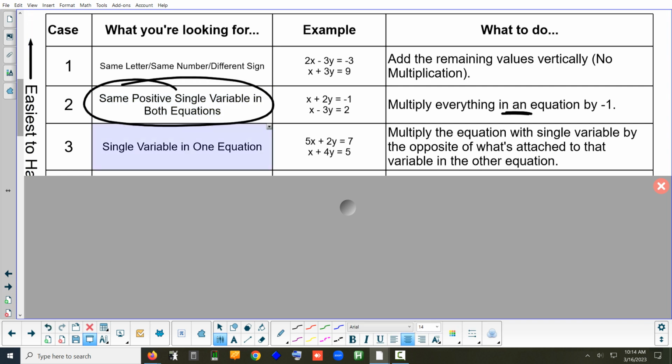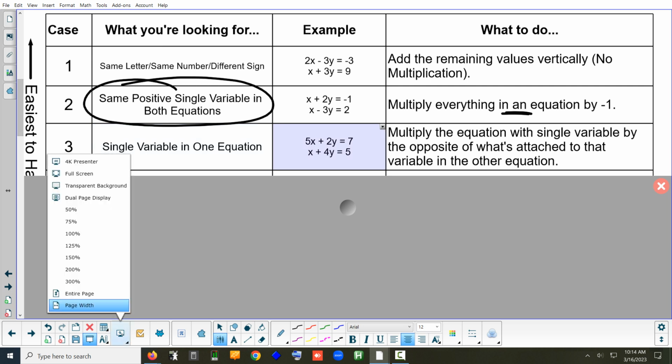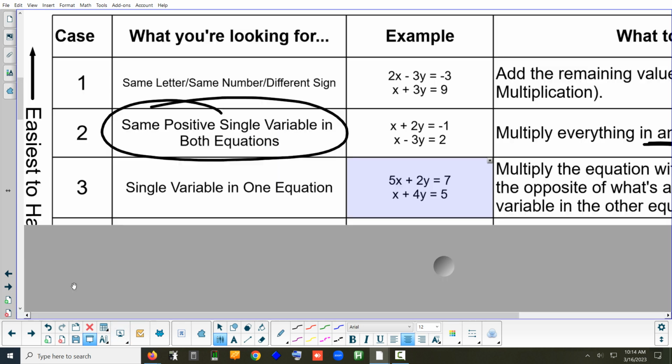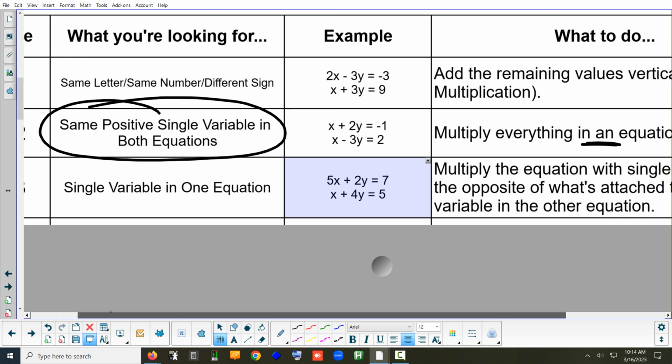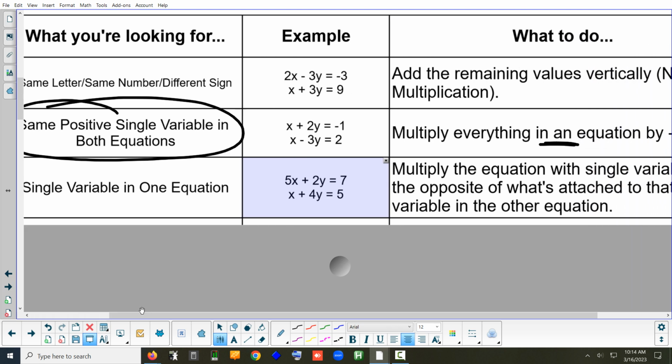But if it's only in one of them, it's a little different. Here's an example of a situation 3 problem. I have a single positive variable, but it's only in one of the equations. It's not in both.